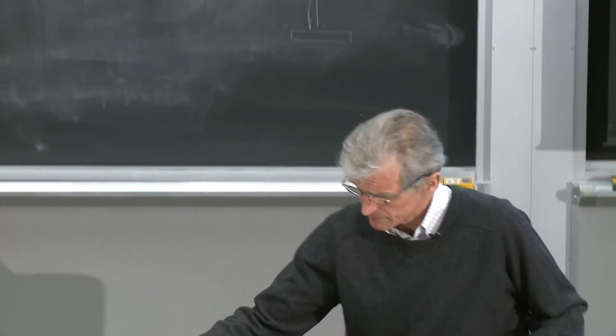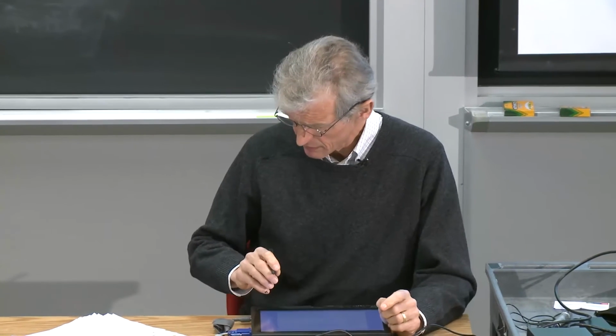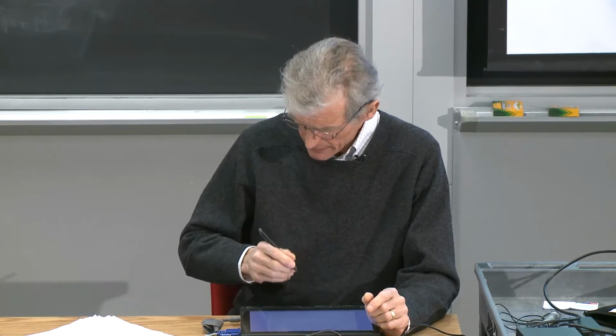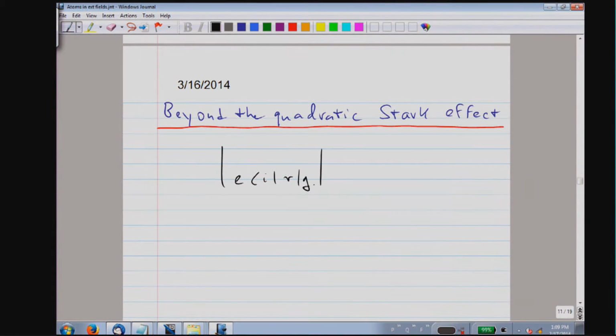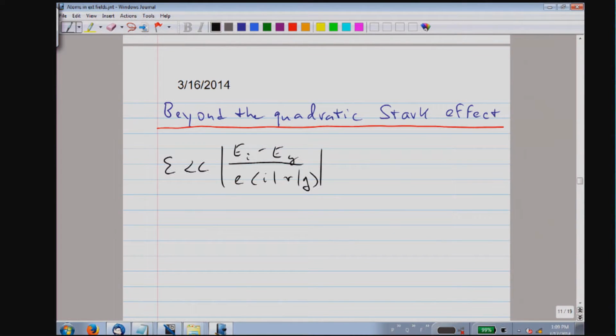So in perturbation theory, we have an admixture of other states, and this admixture is done with the matrix element, and in perturbation theory, we always have an energy denominator, intermediate state to ground state. And if the electric field is smaller than this value, then the admixture of other states into the ground state is small.